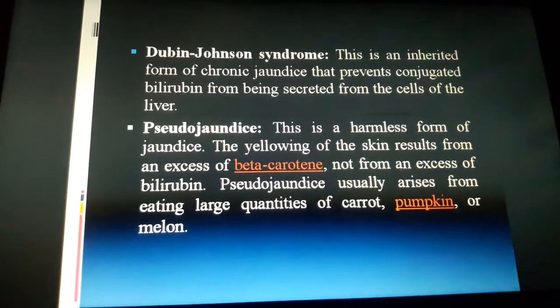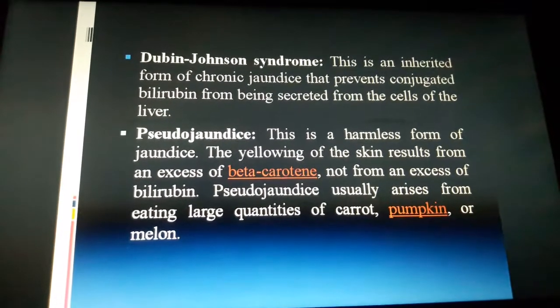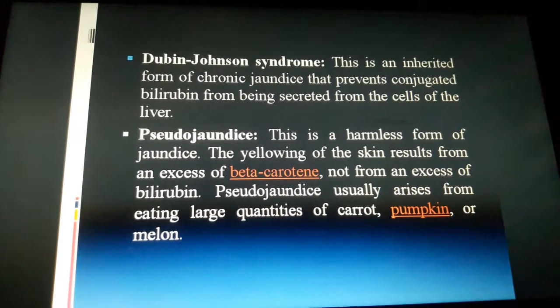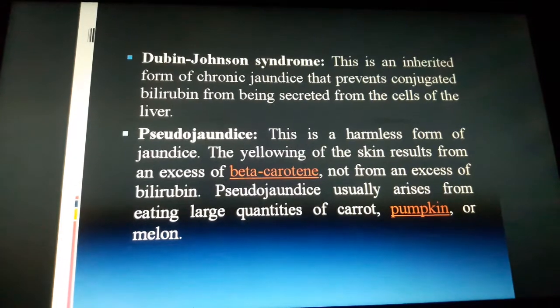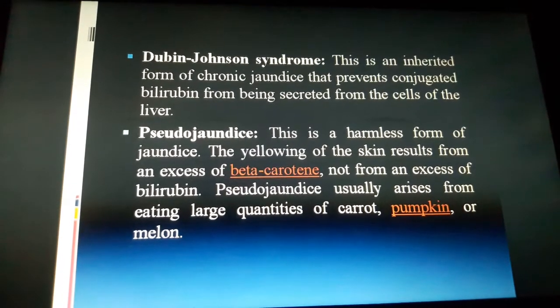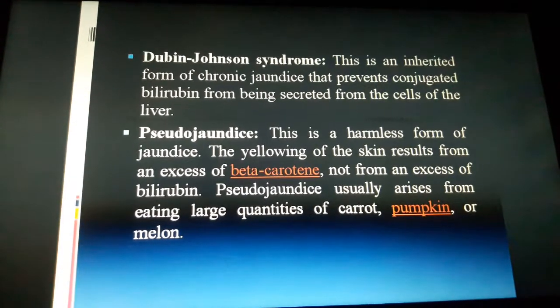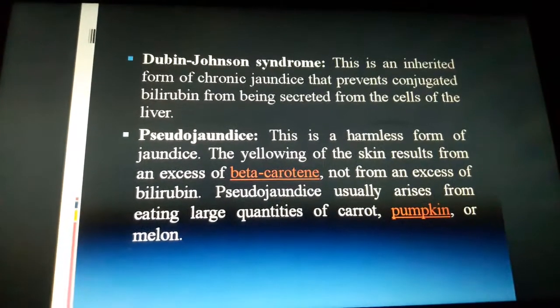Then pseudo-jaundice. This is a harmless form of jaundice. The yellowing of the skin results from excessive beta-carotene, not from an excess of bilirubin. Pseudo-jaundice usually arises from eating large quantities of carrot, pumpkin or melon.